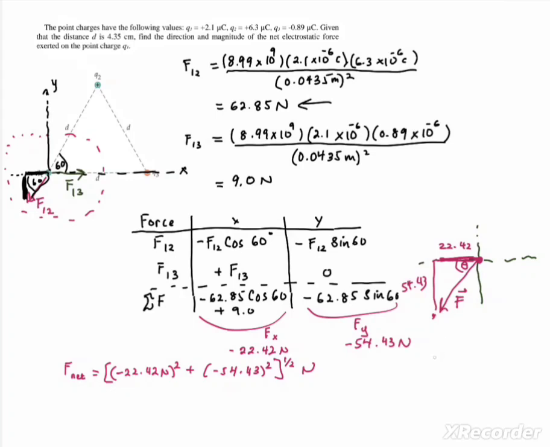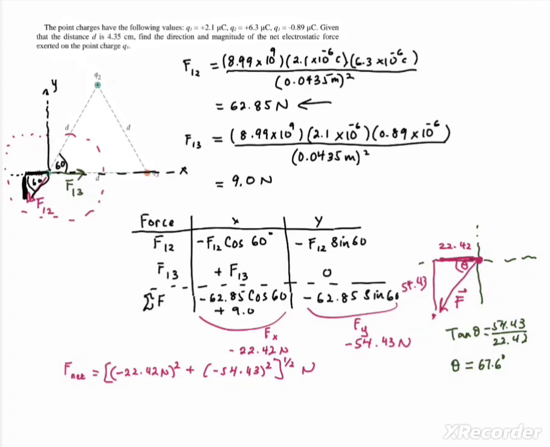For that we can use tangent. We had tan theta equal to the opposite, so that is 54.43 divided by 22.42, and you do tan inverse of this value, and that should give you about 67.6 degrees, and that is this angle here.